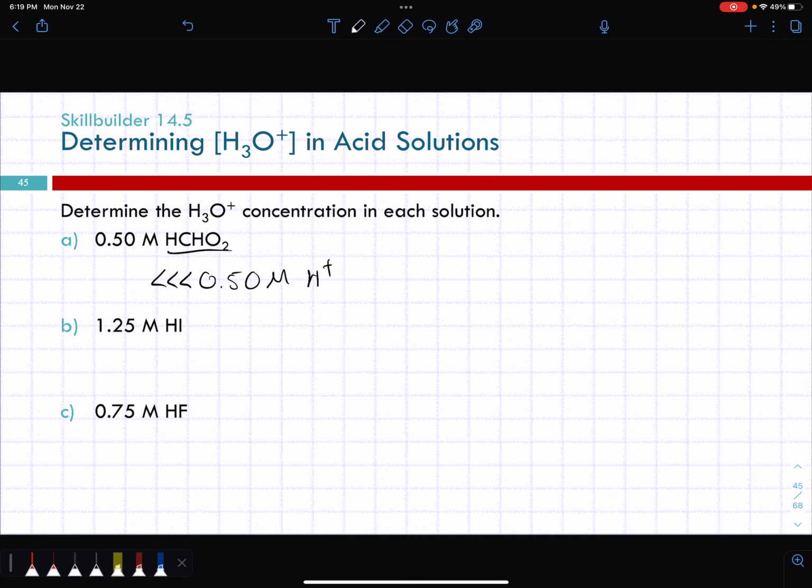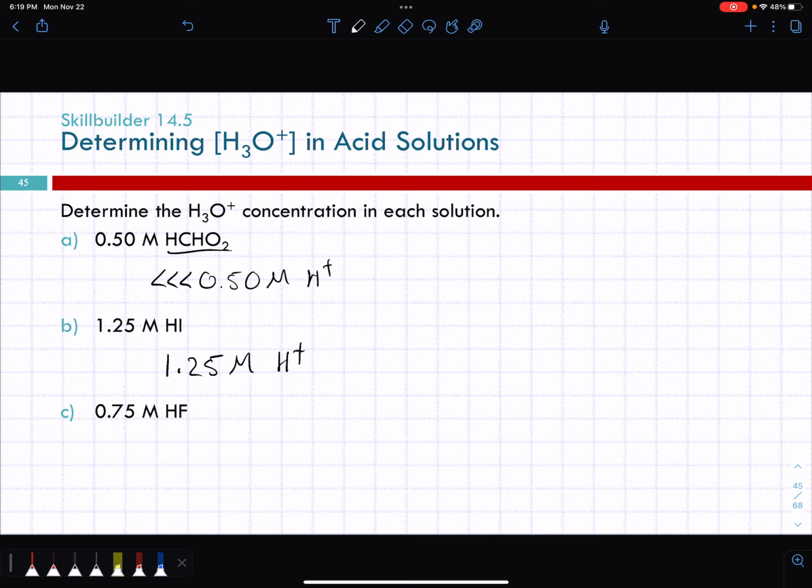So then for B, is it a weak or strong acid? Strong acid, yeah. So what's our concentration going to be then? It'll be the same. So 1.25 molar H plus. Strong acids completely ionize. And then for hydrofluoric acid, it's a weak acid.